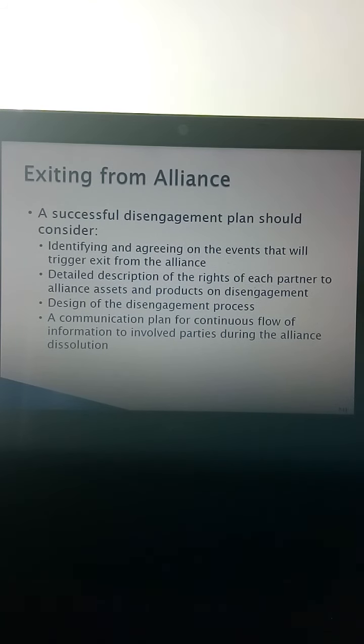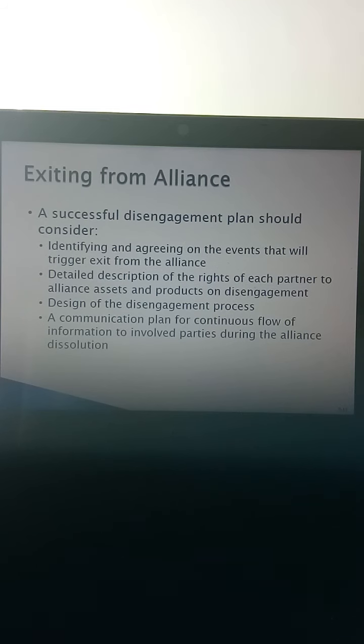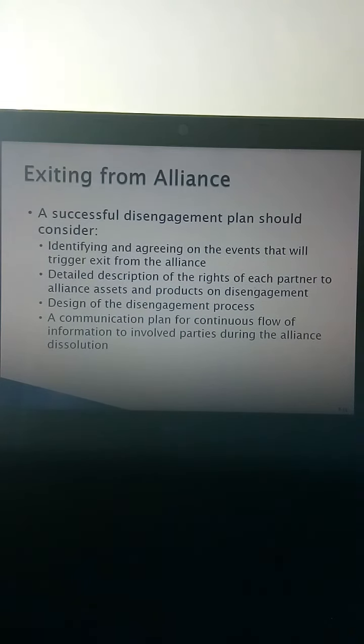Next, design of the disengagement process: how the disengagement will take place, how to let the shareholders know about it, as well as a communication plan for continuous flow of information to involved parties during the alliance dissolution.